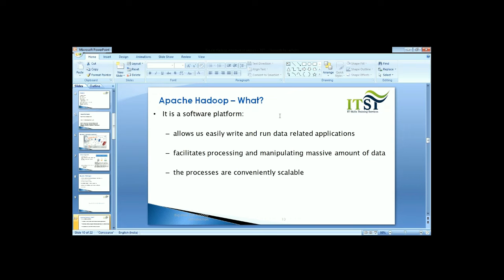Next, it facilitates processing and manipulating massive amounts of data through distributed parallel processing. Basically, HDFS has a master-slave architecture, where there will be one master and n number of slaves. A few points to call out here are replication factor and fault tolerance, which HDFS takes care of.